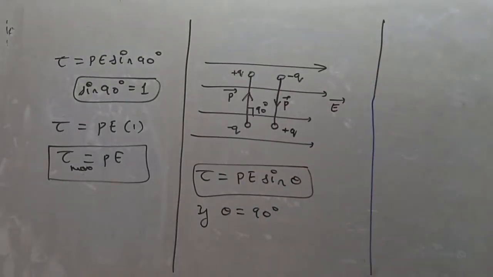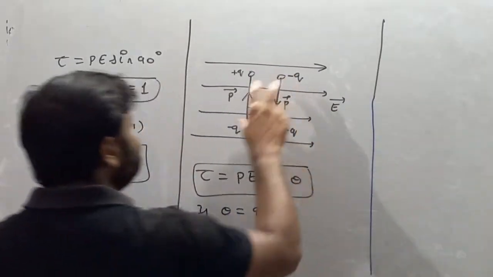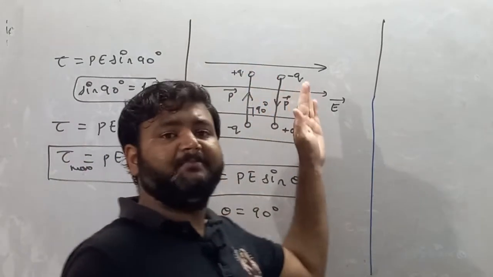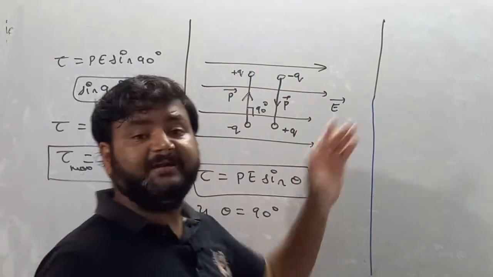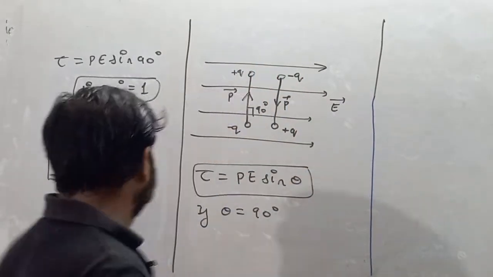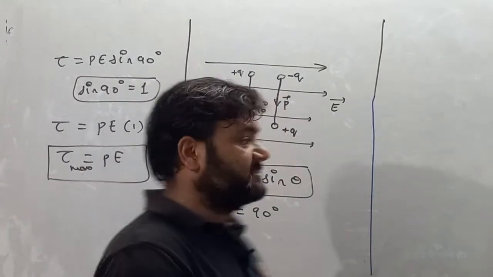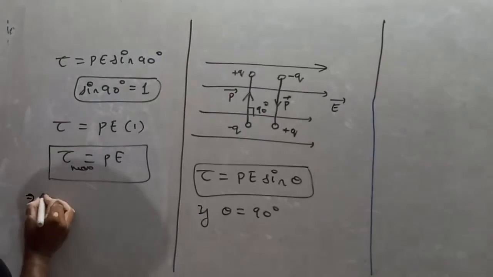If anyone asks what is the condition for maximum torque acting on a dipole system placed in a uniform electric field, we will say that if the dipole system is placed perpendicular to the electric field, then the value of torque acting on the dipole is maximum.